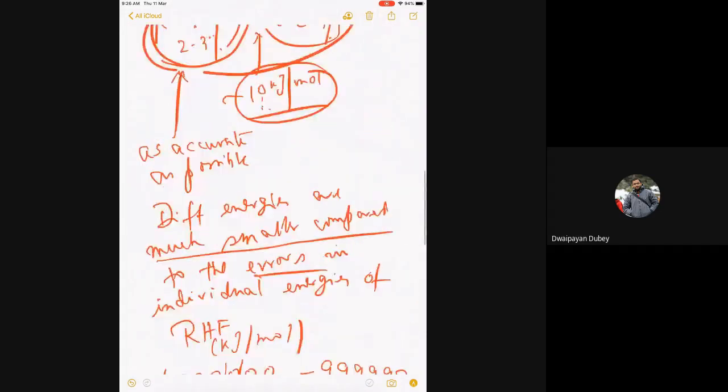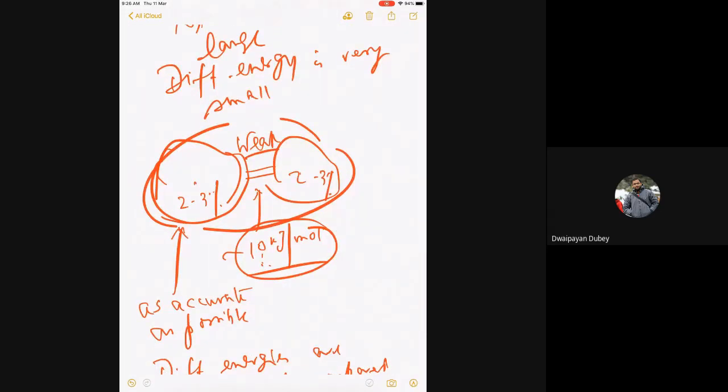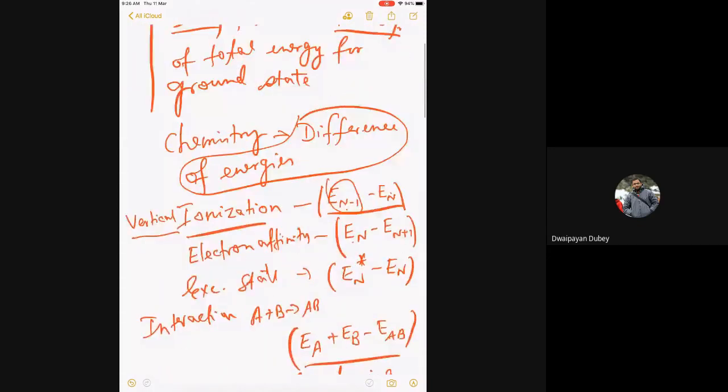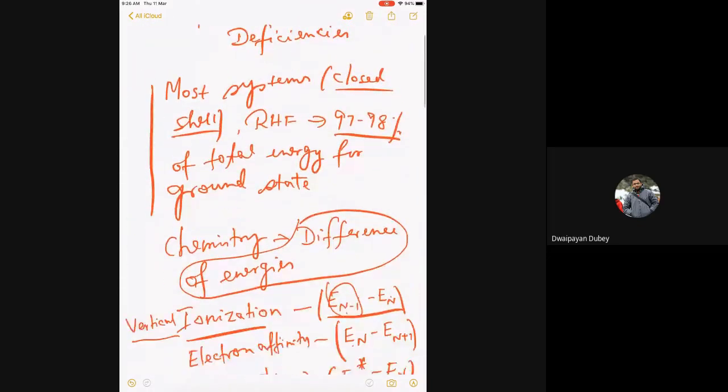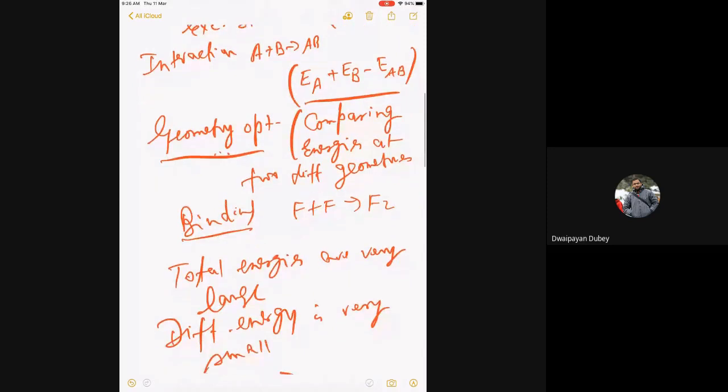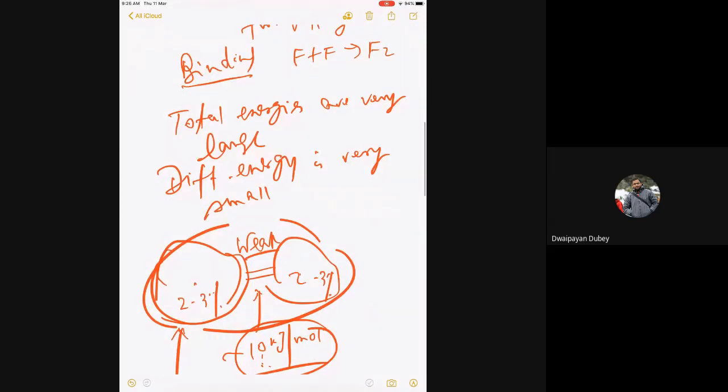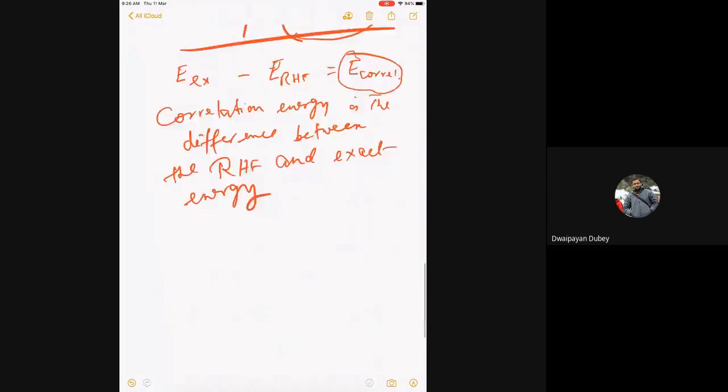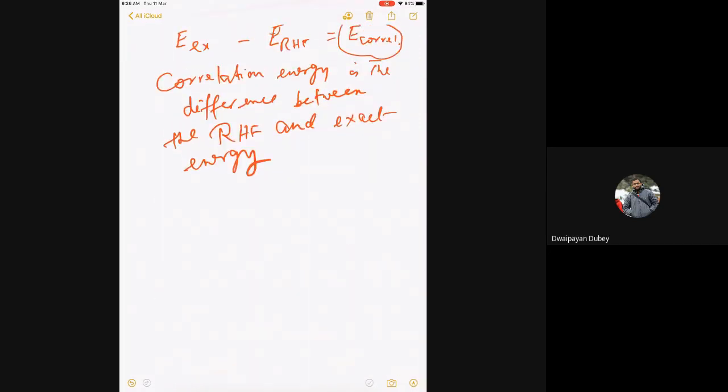That means this 2 to 3% error that is there is the subject matter of electron correlation theory. So the entire electron correlation theory would try to improve this 2 to 3% error, right? And would try to get you as exact as possible. So what we are going to discuss from now on is electron correlation.